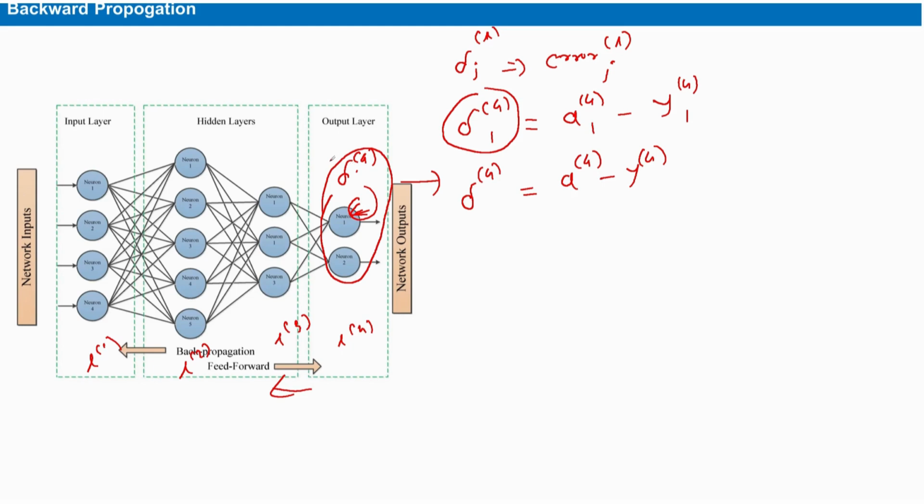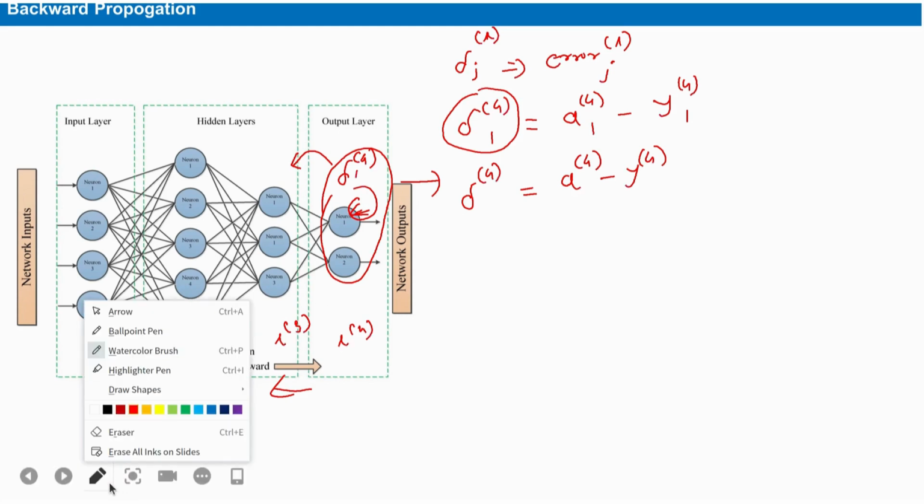You need to jump to the next layer backward, which is delta 3. So how will you find out delta 3?